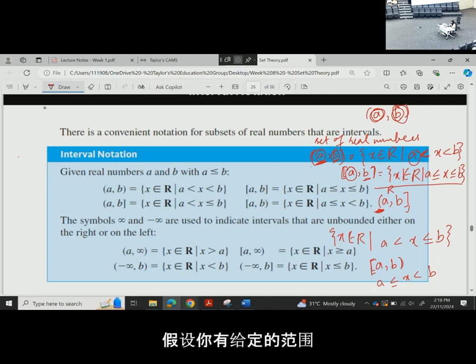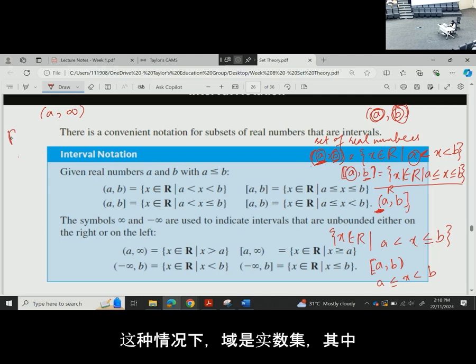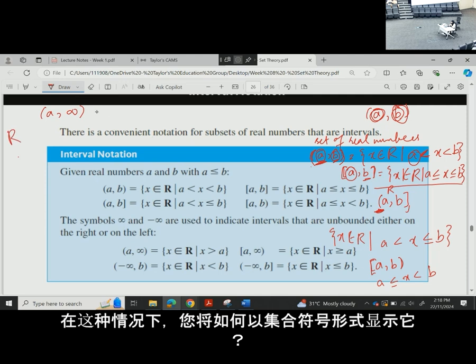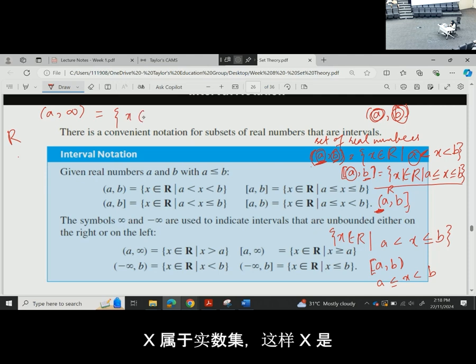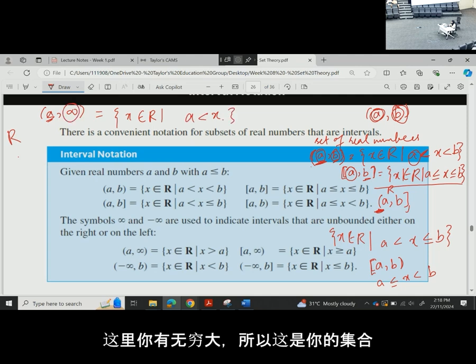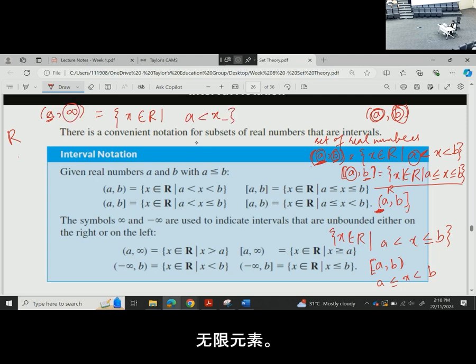So if the range is given to you something like this with round brackets, and the domain is the set of real numbers, how will you show it in set notation form? X belongs to the set of real numbers such that X is greater than A. And here you have infinity, so this is your infinite set with infinite elements.